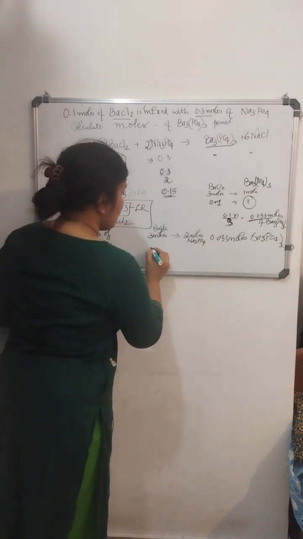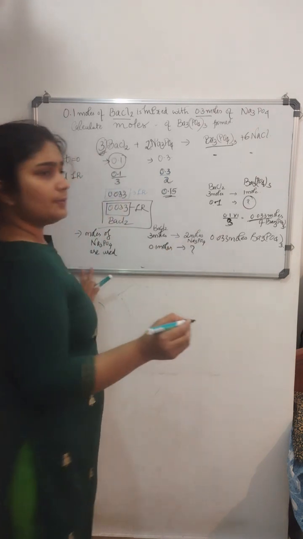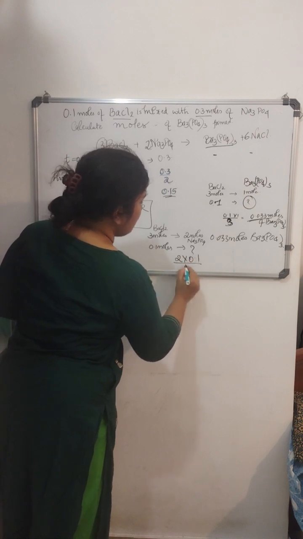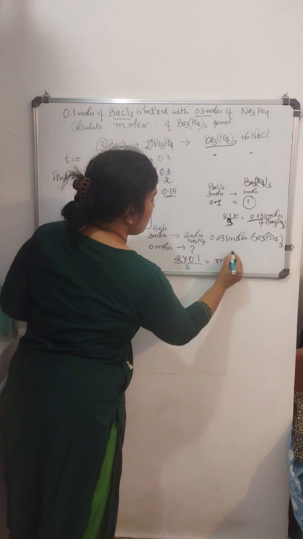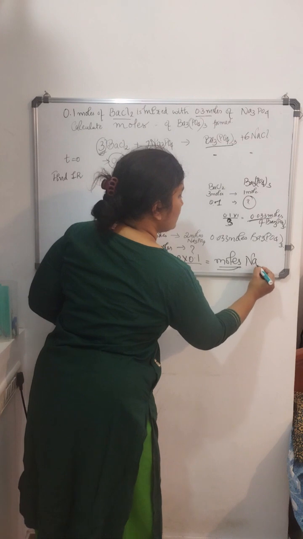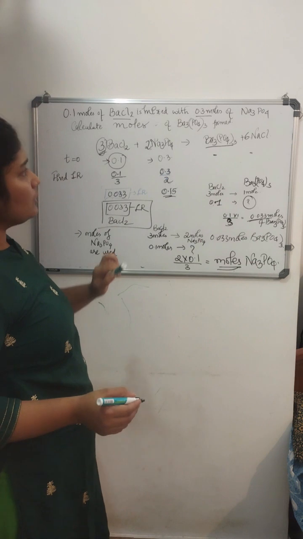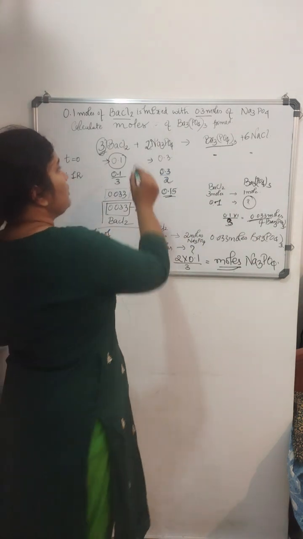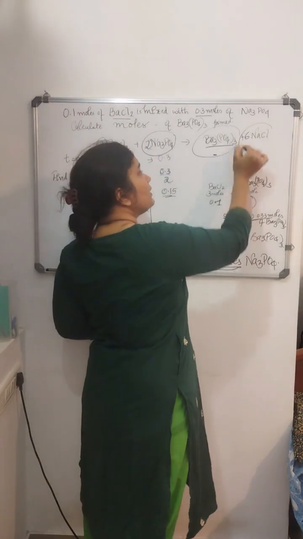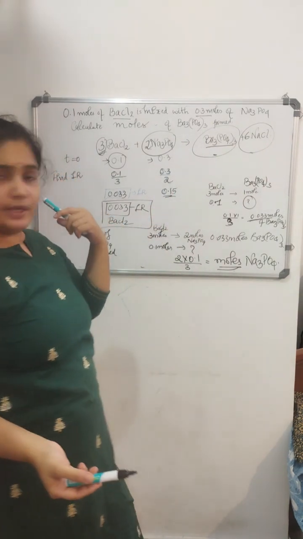Now I have 0.1 moles of BaCl2. How much Na3PO4 is used? So it is 2 into 0.1 divided by 3. So these many moles of Na3PO4 are used during the reaction. So this is how we are going to find the amount of other reactant used and the amount of product formed, of whichever product is asked.